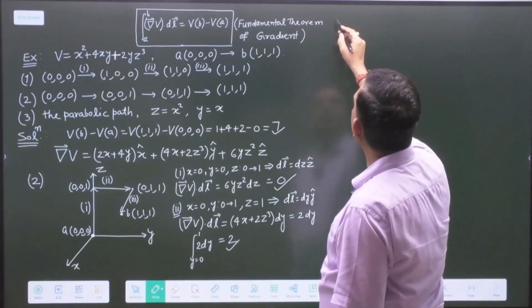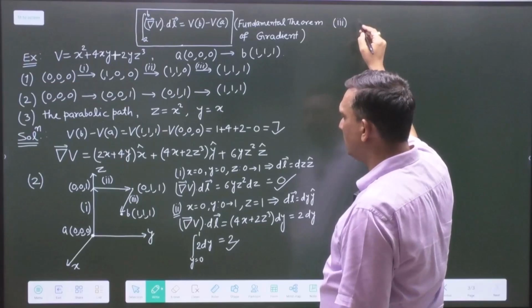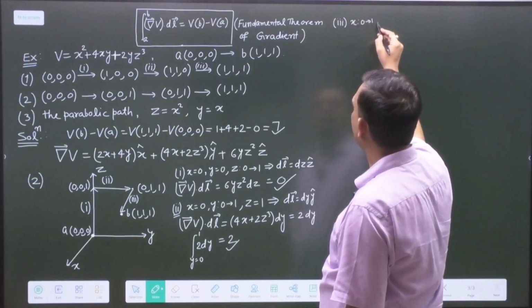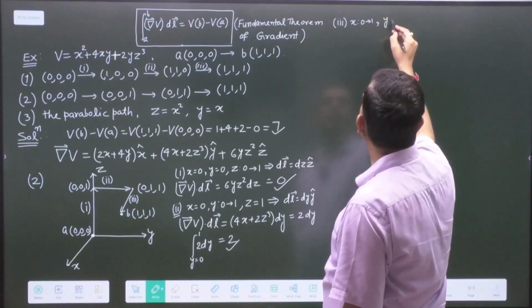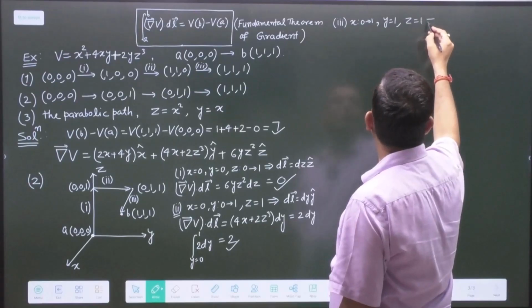Now see segment 3. In segment 3, x goes from 0 to 1, y is equal to 1, and z is equal to 1. So again dy and dz are 0.